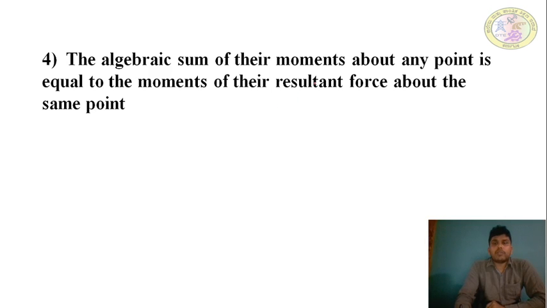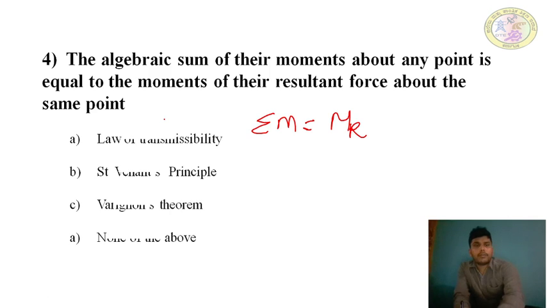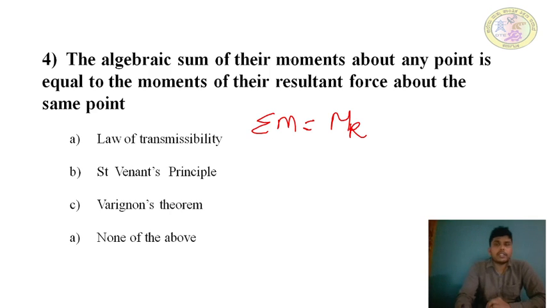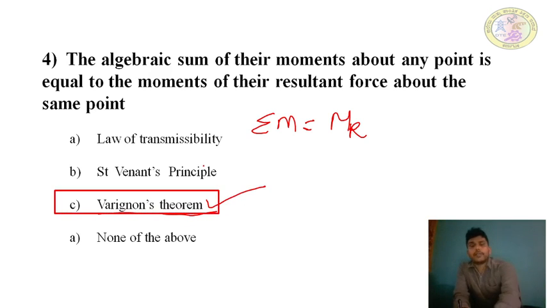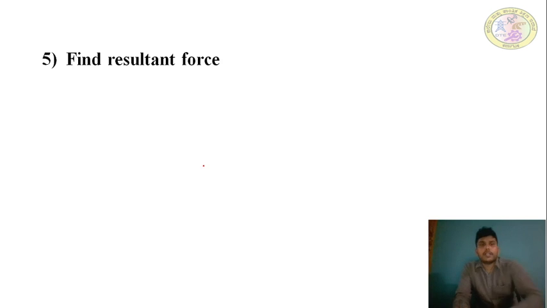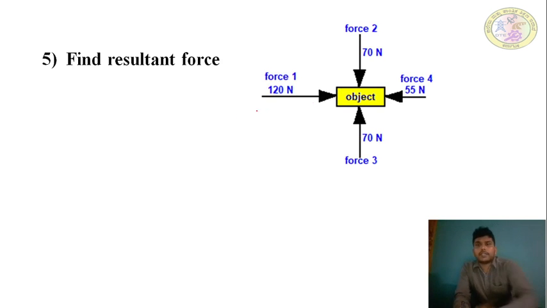Sigma M about any point is equal to the moment of the resultant force about the same point. This is true, but which is the law? It is not the law of transfer of force, nor the same unit principle. It is Varignon's theorem. It is the law of moments, also called Varignon's theorem. That's the answer. Next question. Find the resultant force in this figure.